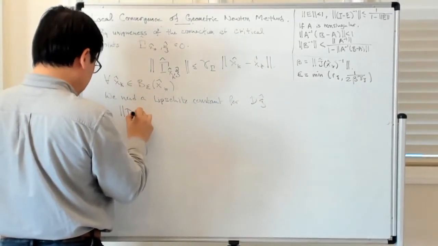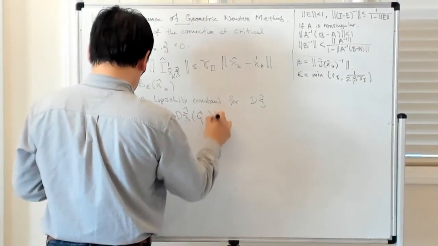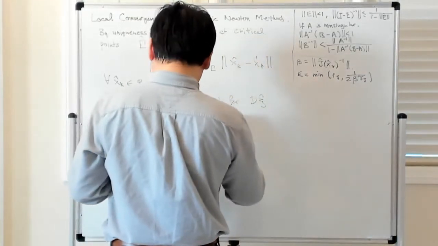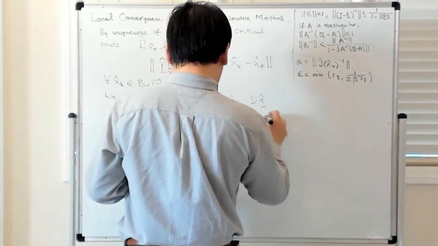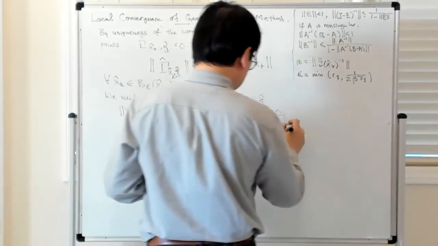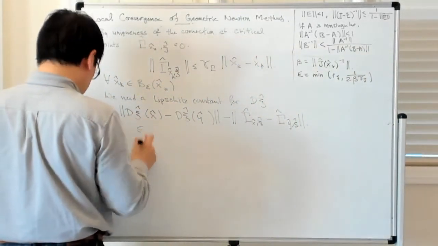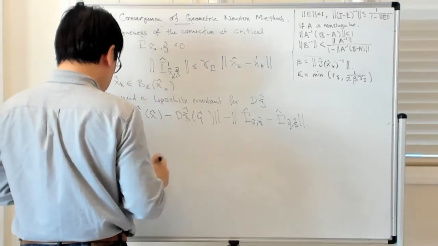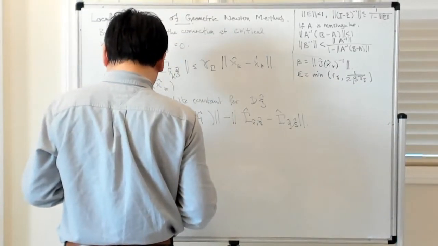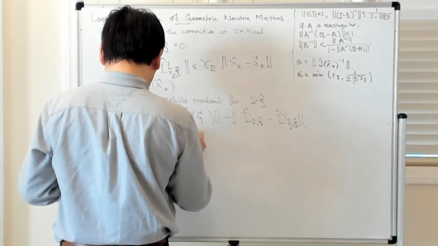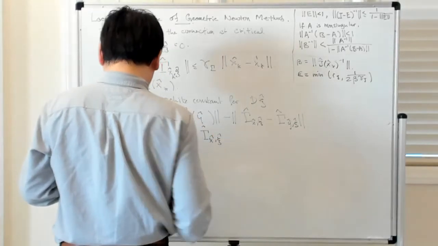So d c hat at x hat minus d c hat at y hat is less than or equal to this gamma.